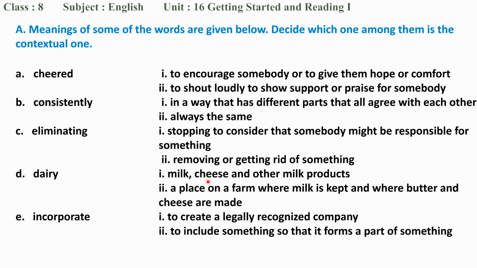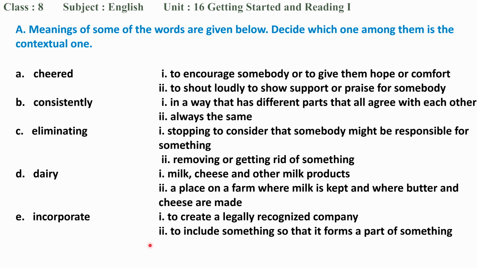Now dairy, and the meanings for dairy are 1. Milk, cheese and other milk products. 2. A place on a farm where milk is kept and where butter and cheese are made. And the meanings for the word incorporate are 1. To create a legally recognized company, and 2. To include something so that it forms a part of something.